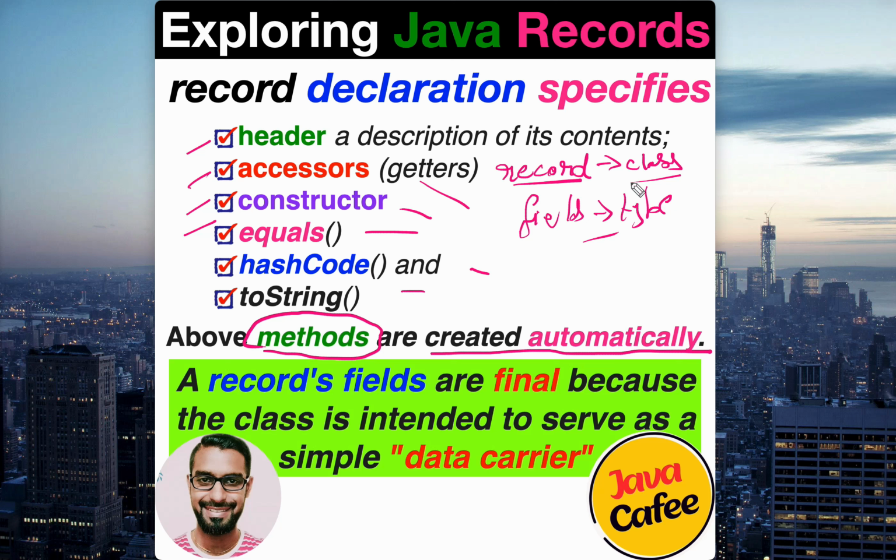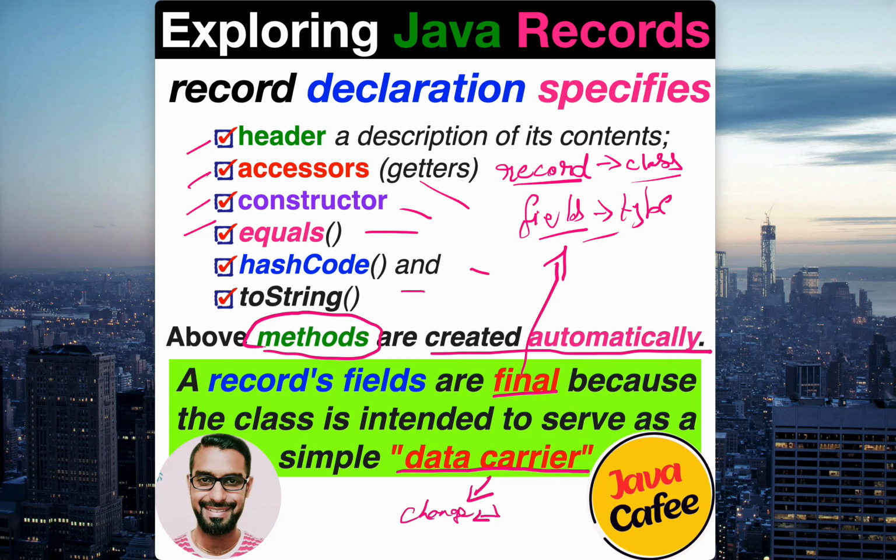The only difference that you will see here is the usage of the keyword called record compared to the usage of the class keyword, and the record fields that we are going to declare inside the record are final by itself. So we don't need to mark them with the final keyword. The class is final because it is intended to serve as a simple data carrier, and the rule for an immutable data carrier is to ensure the field's value should not be changed once the value has been assigned to those fields.